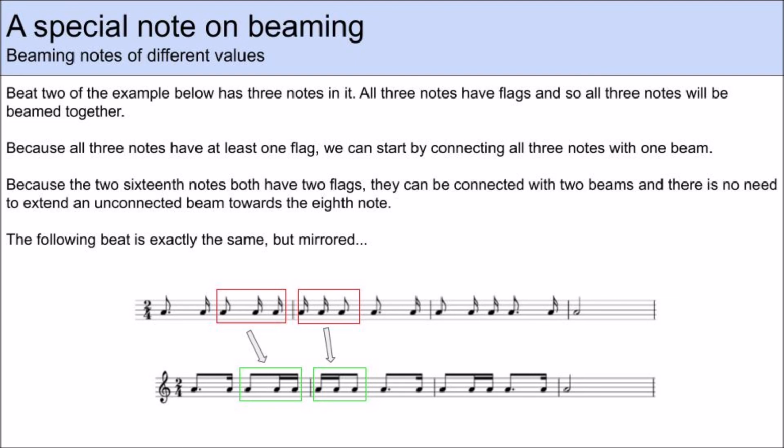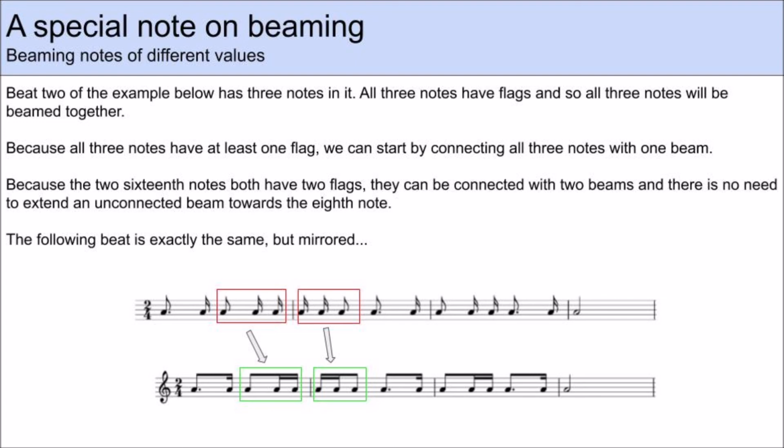Secondly, beat 2 of the example below has 3 notes in it. All 3 notes have flags, and so all 3 notes will be beamed together because they all belong to the same pulse. Because all 3 notes have at least one flag, we can start by connecting all 3 notes with one beam.